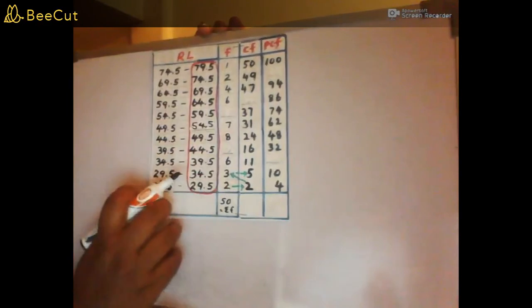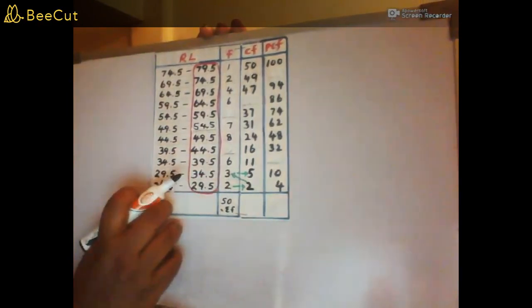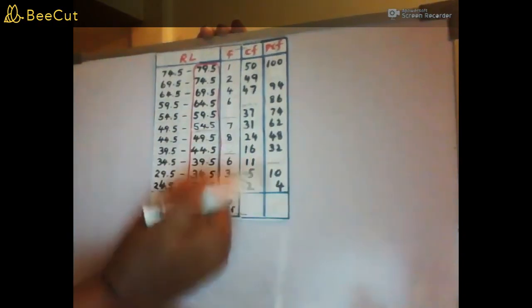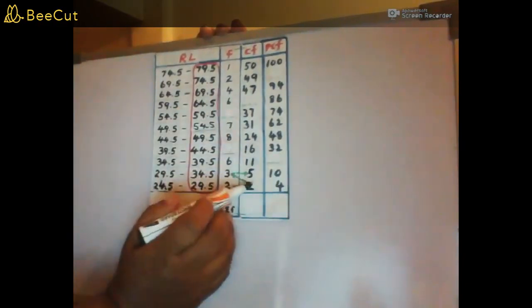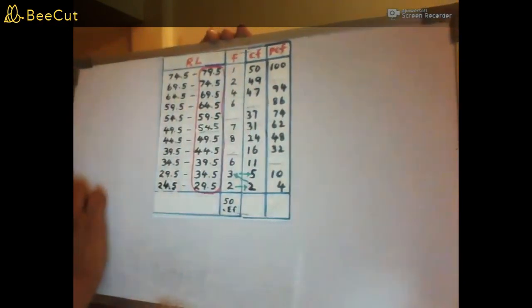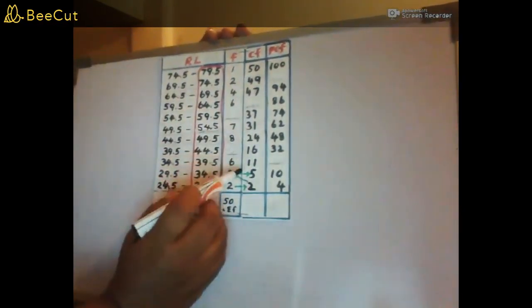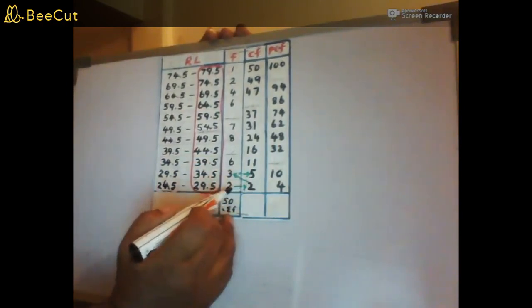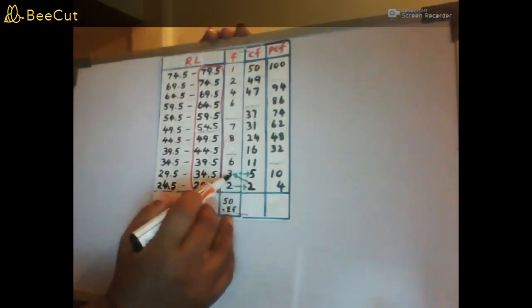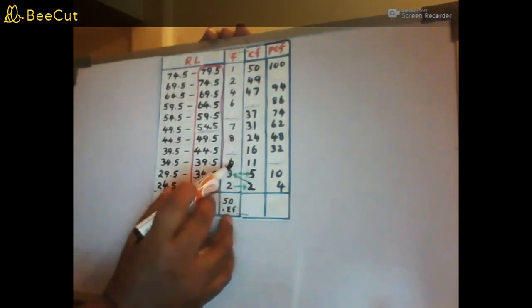Now the frequencies. They have left two blanks here, and they have calculated the CF also, cumulative frequencies, and left a blank here. Now how to get this one? You know how to get cumulative frequency. This one you write straight away, and then you add 2 plus 3, 5. 5 plus 6, 11.